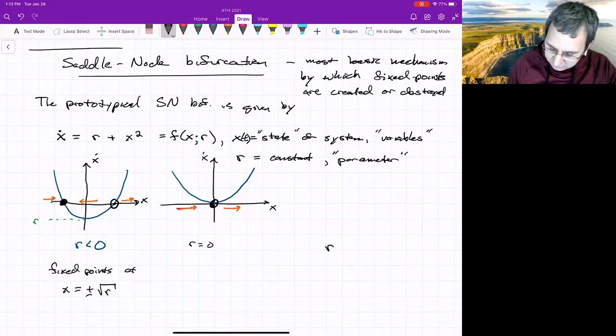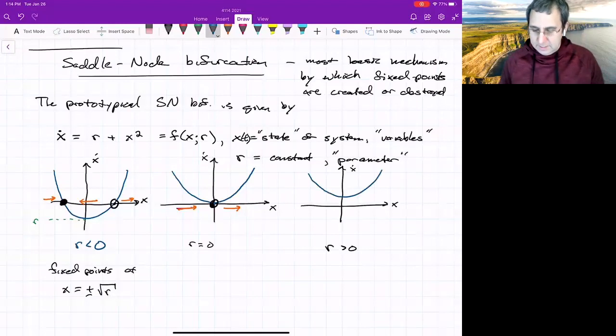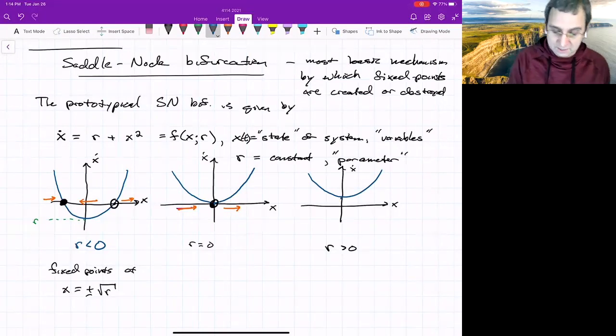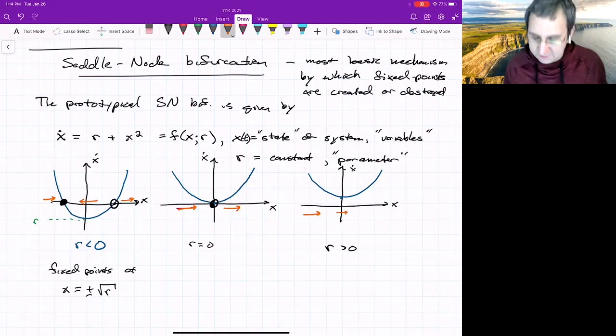Now, what if R is greater than 0? You could probably guess what's going to happen. So the parabola is still opening up, and it does not intersect the x-axis. So what do we have? Over here on the left side, things are moving to the right very quickly, but then they enter this bottleneck zone where they slow down, but then they get very quick again.